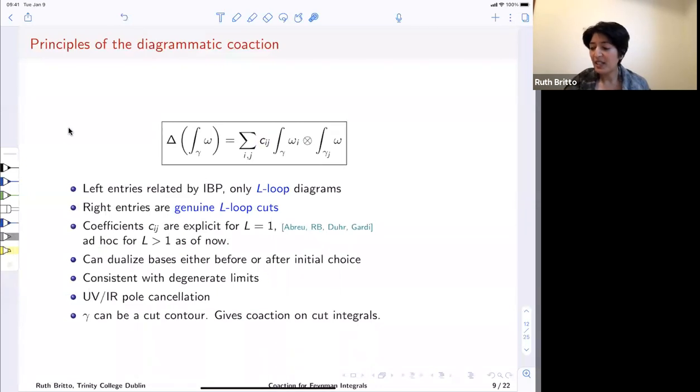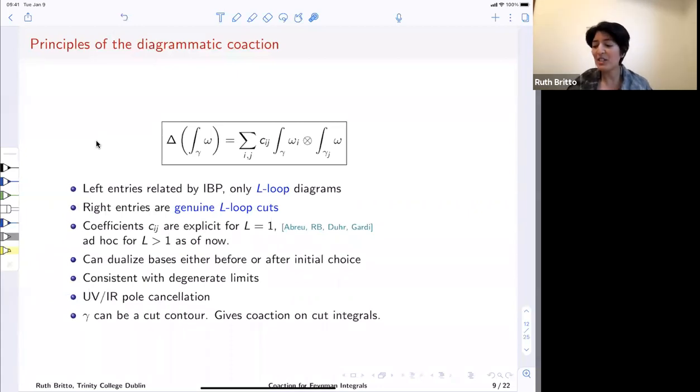And one thing to note is that they are consistent with degenerate limits, which is not obvious either from the mathematical point of view or the Feynman integrals. So I should say, this is just something we've checked in examples. This is something we can't quite prove, but it's looking good.